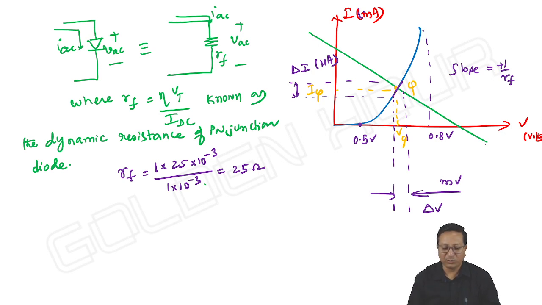For the DC line, its slope is minus 1 by capital R. This slope is the DC slope. Here the slope is minus 1 by R, where R is the circuit component. And we call this the DC load line.